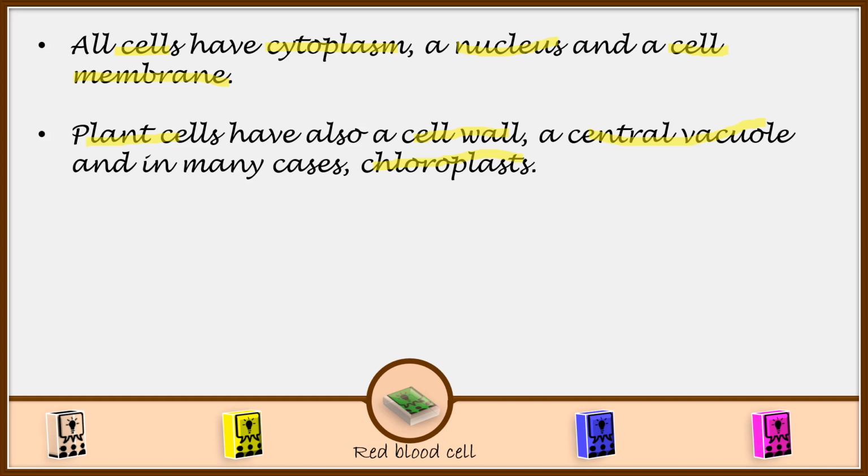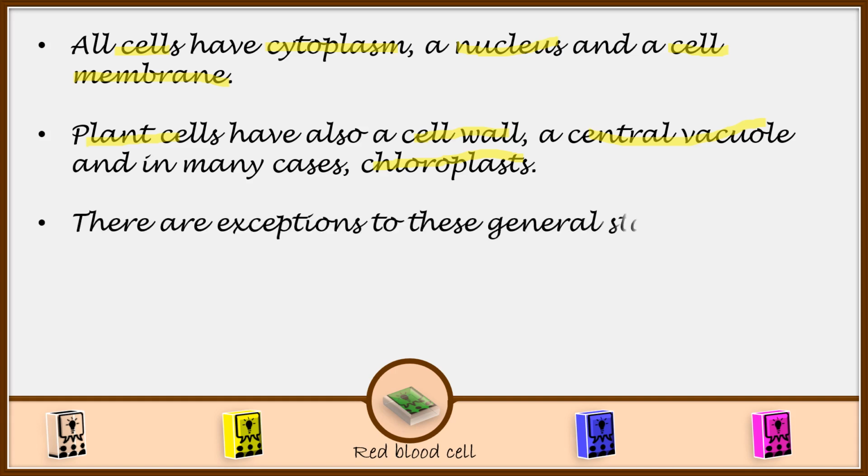That is now for the plant cells. They have a cell wall, a central vacuole, and in most cases chloroplasts, meaning that these organelles are not in animal cells, but we can find them in plant cells.